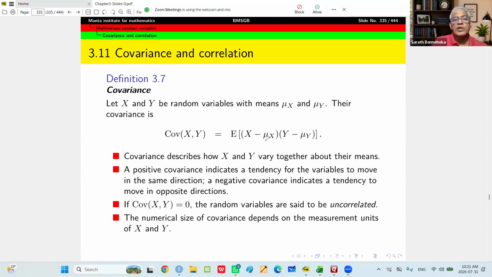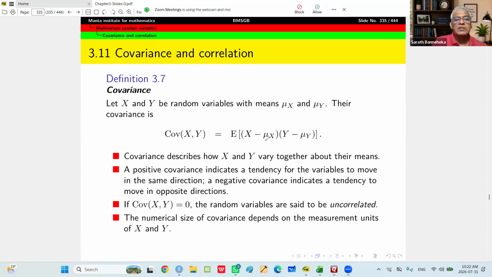Covariance describes how x and y vary together about their means. You know about the variance, right? Variance describes how the value of that particular random variable varies around its mean expected value.